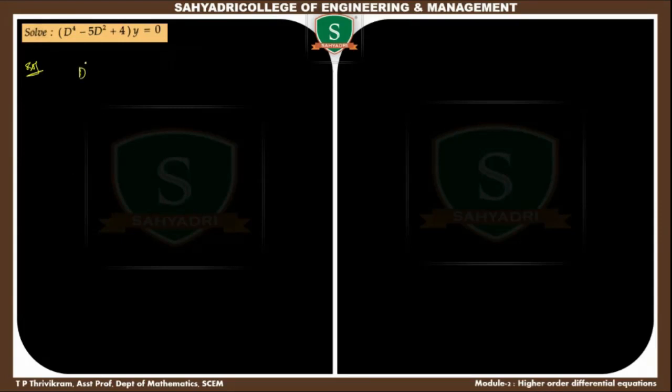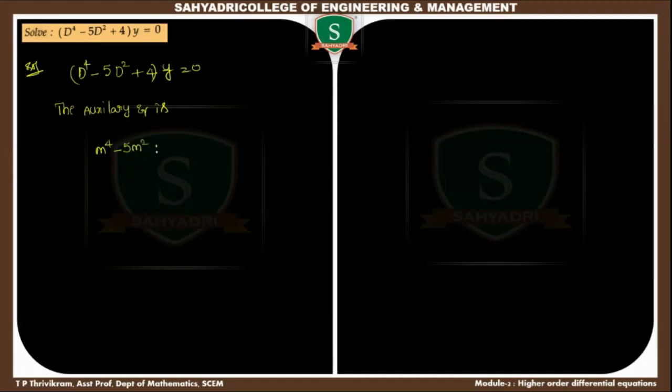So D power 4 minus 5D square plus 4 into y equal to 0. So the auxiliary equation is m power 4 minus 5m square plus 4 equal to 0.